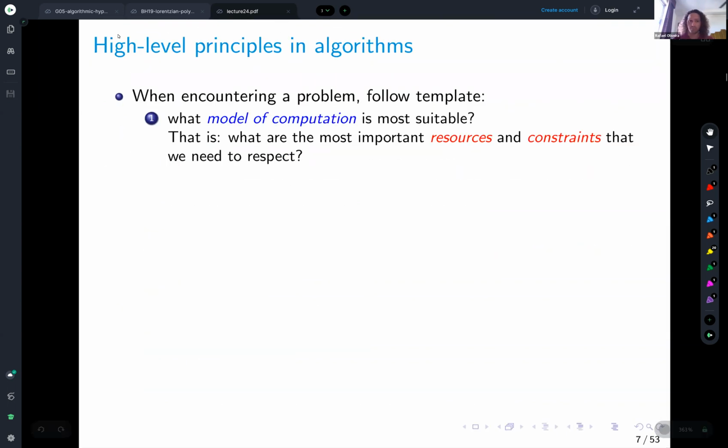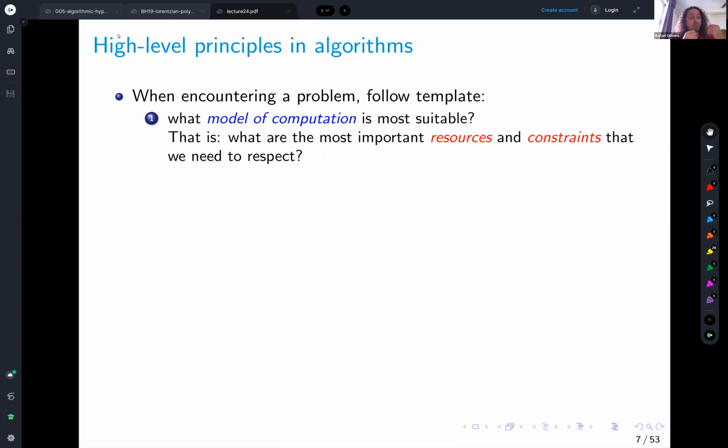And now I want to talk about the high-level principles underlying pretty much every lecture or every new topic that we learned, right? So what did we learn at a high level? Well, whenever we encounter an algorithmic problem now, what do we need to do? We need to just follow this template. The first question we should always ask is, what model of computation is most suitable for this problem, right?